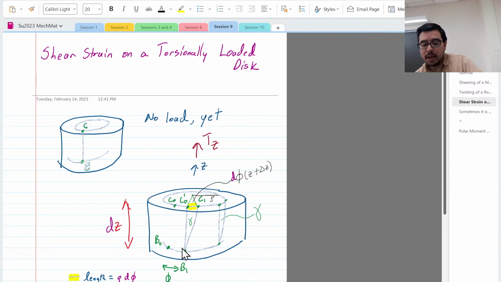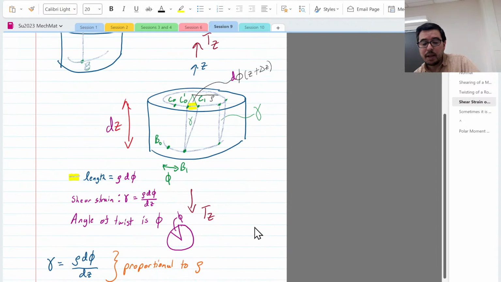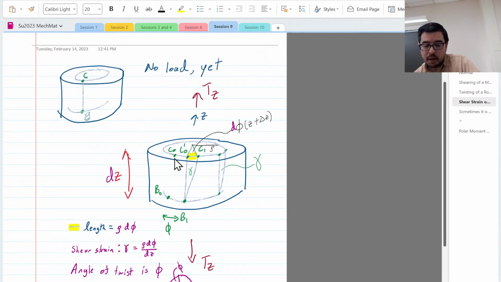And there's an angle between this B1 and C1, or this C naught prime, and that is what we look at as gamma, the shear strain. Now, the length of this highlighted region can be given by rho d phi.